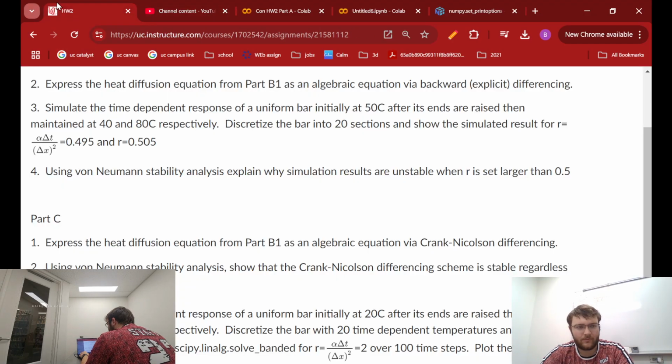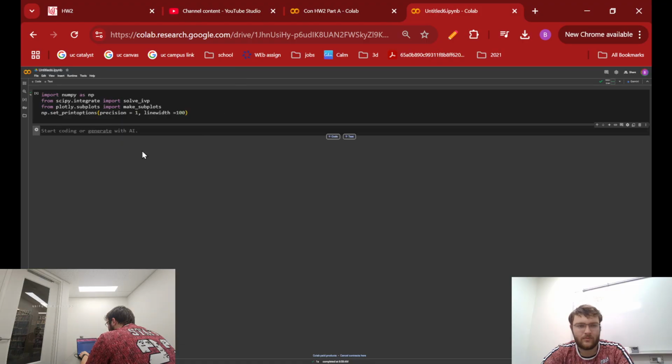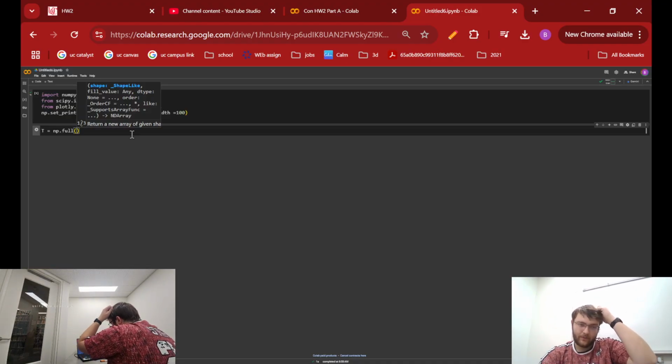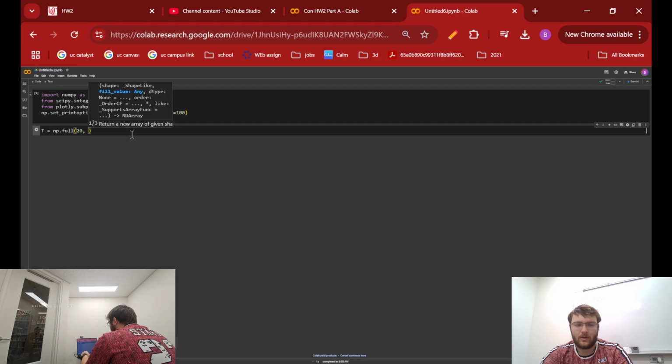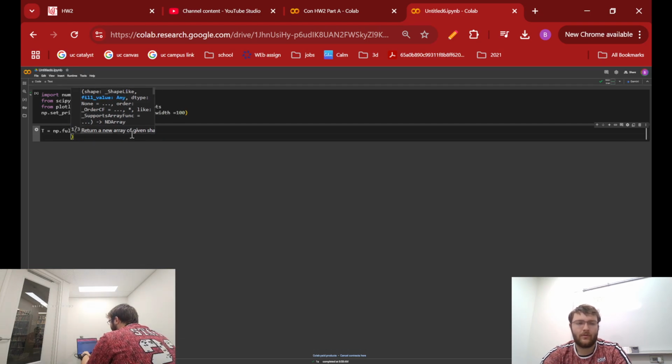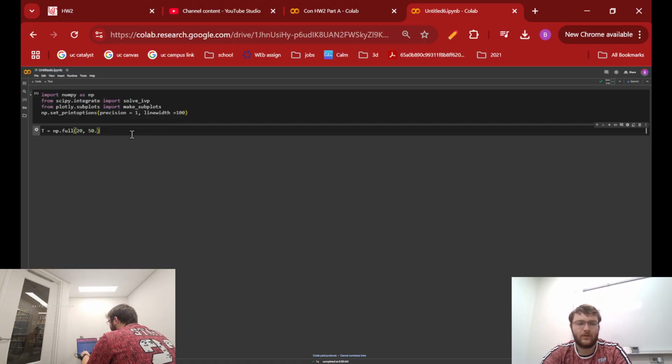Then, we need to do 20 sections, 50 degrees C. So we would need to first make an array of temperatures, which we can use with NumPy full, which we need 20 spaces, and we want to fill it with temperature 50.